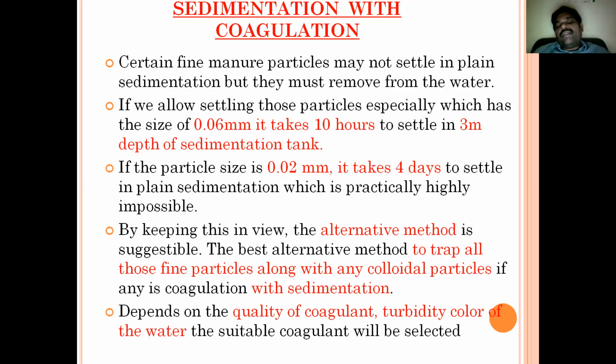Similarly, 0.02 mm takes 4 days. That is why we need one alternative method, that is adding coagulants to trap those fine colloidal particles. By doing so, we can remove those particles more easily.